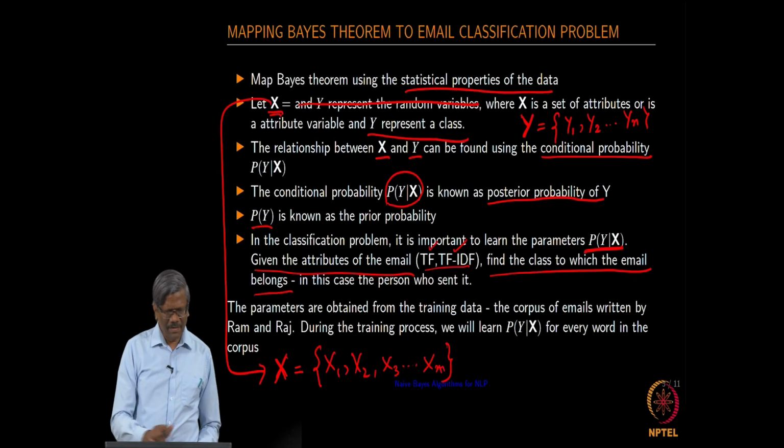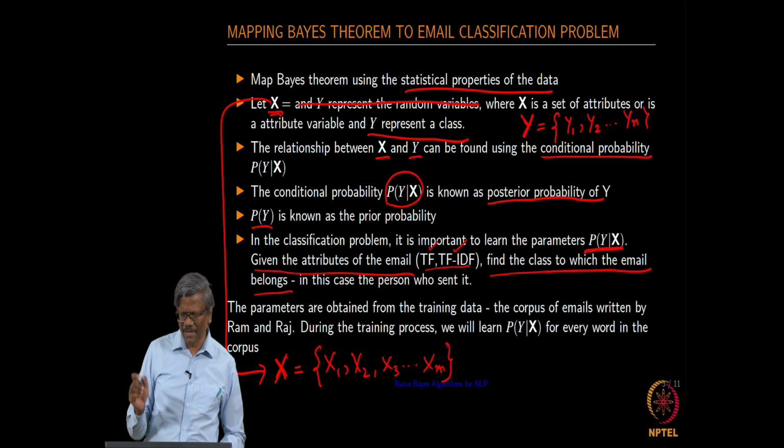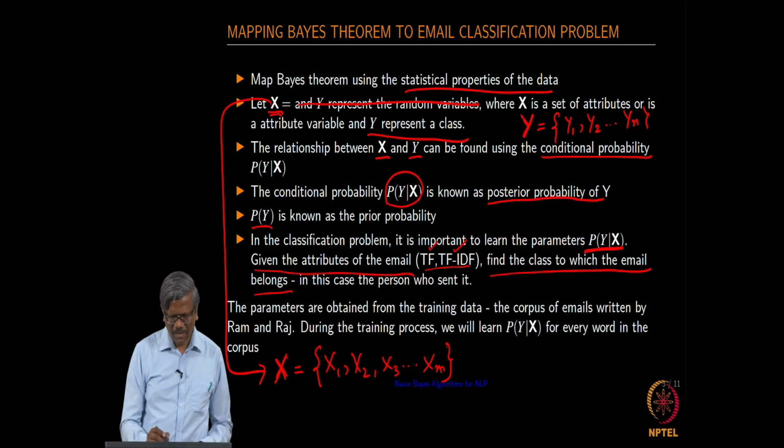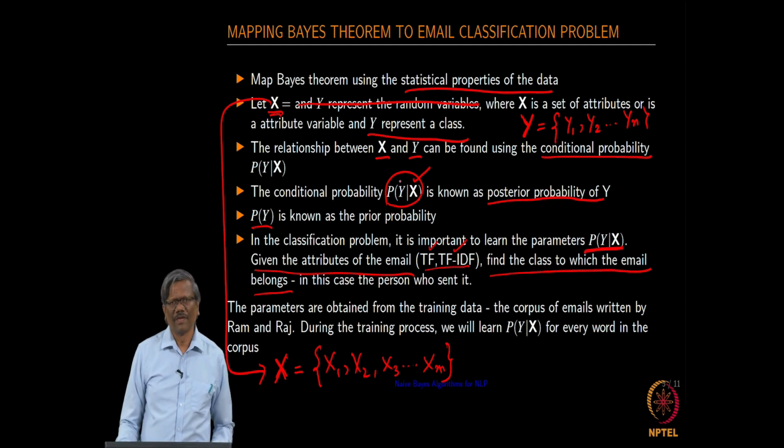Okay. So, now is this clear? We want to map the Bayes theorem to the classification problem. It is pretty simple. We are trying to find the conditional probability of a set of attributes belonging to a class.